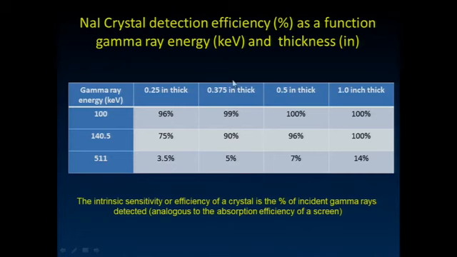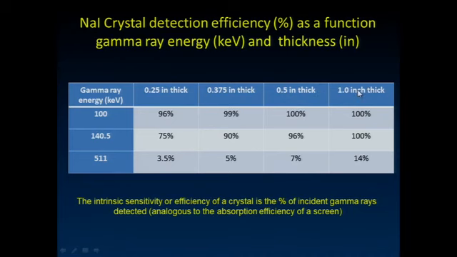That's the standard thickness in a gamma camera. And I've gone out to be a little thicker here. So notice that for 140.5 keV, that 3/8 inch thickness stops about 90% of those gamma rays from technetium-99m, which is very nice.